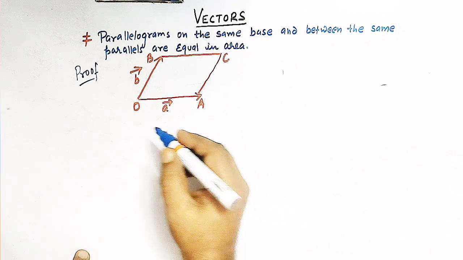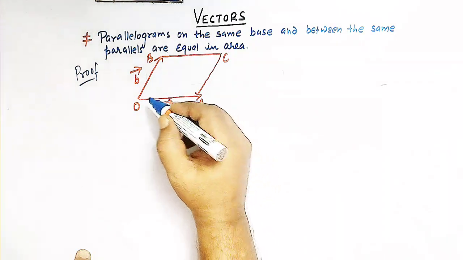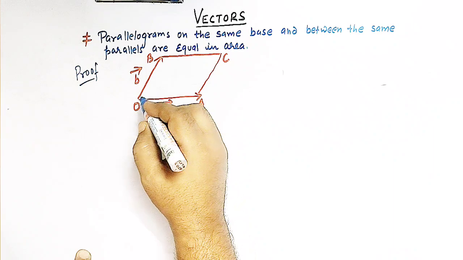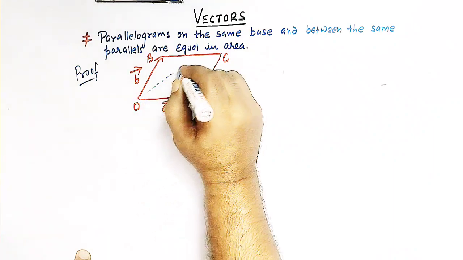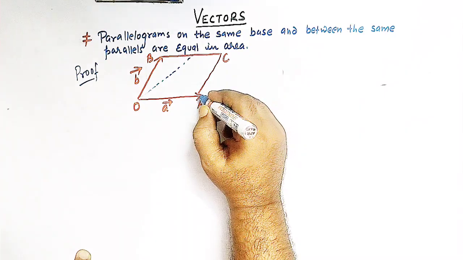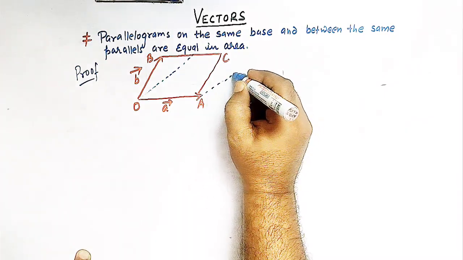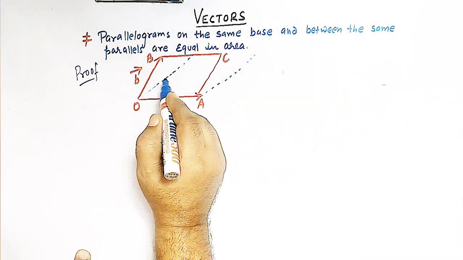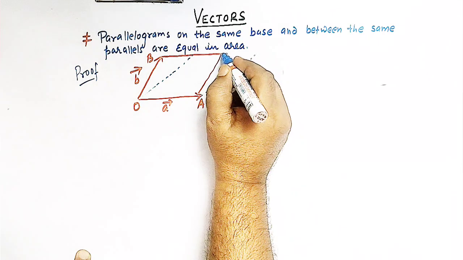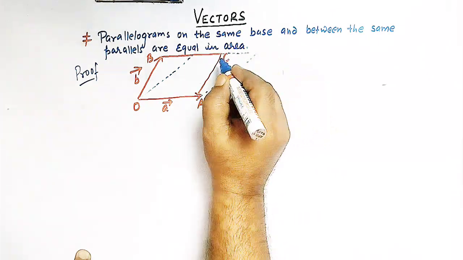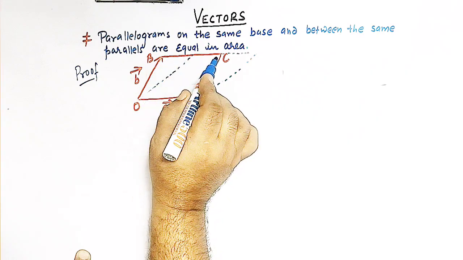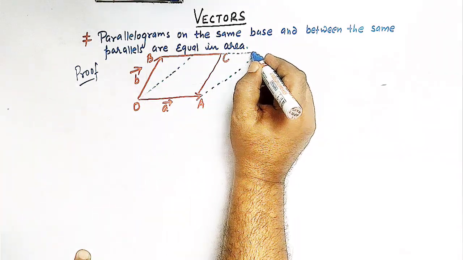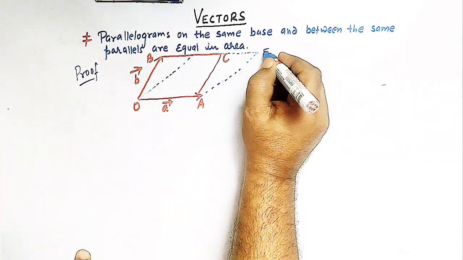Now let us draw the second parallelogram, and here we can draw the parallelogram like this. So this is our second parallelogram. Here we can draw a parallel line to this one, and we can extend this vector BC to the point E, right?